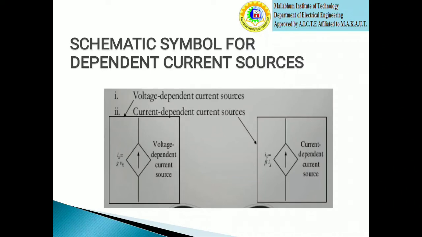The next one represents the current dependent current source, expressed by Is = beta times Ix. Here Ix is a variable quantity, that is why it is current dependent.